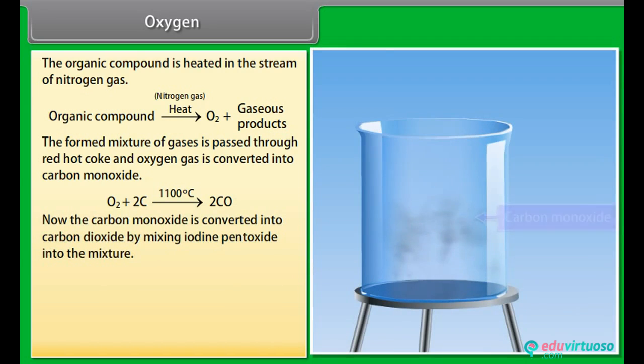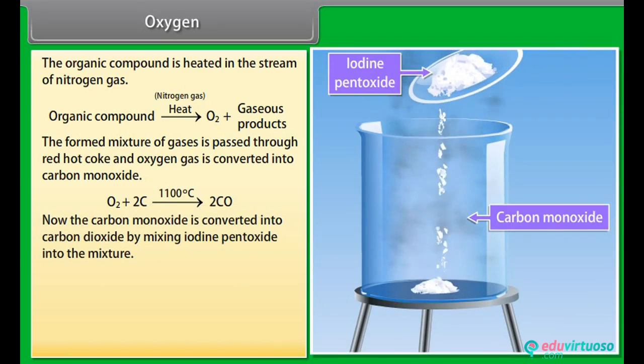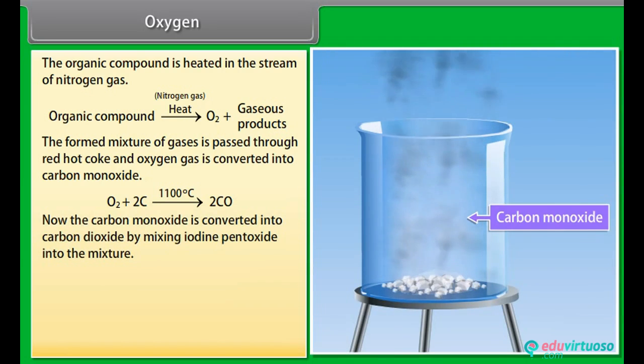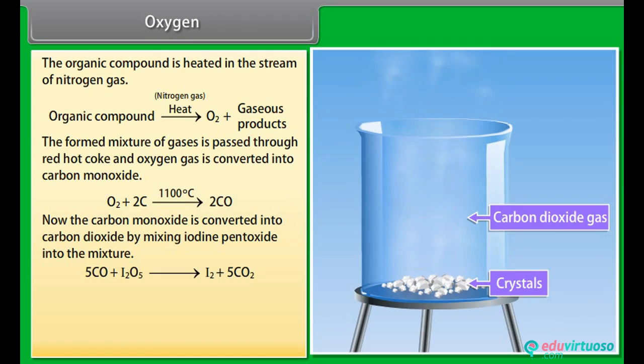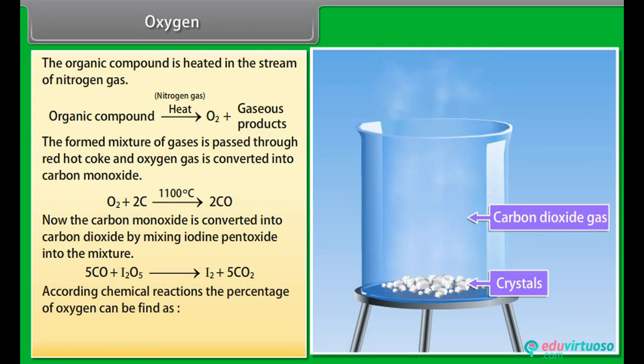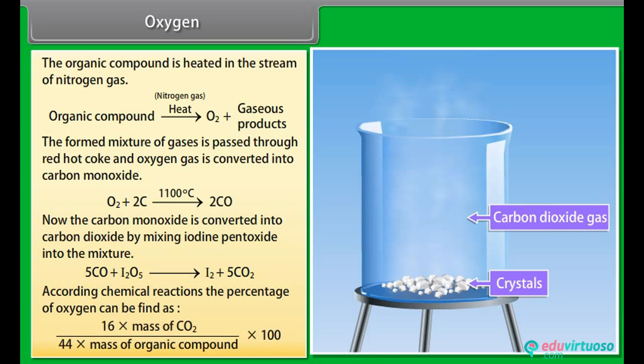Now the carbon monoxide is converted into carbon dioxide by mixing iodine pentoxide into the mixture. According to chemical reactions, the percentage of oxygen can be found as 16 × mass of carbon dioxide / (44 × mass of organic compound) × 100.